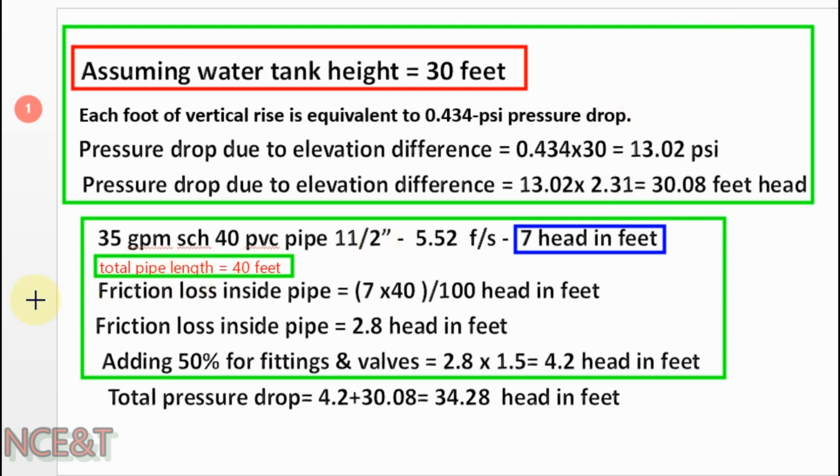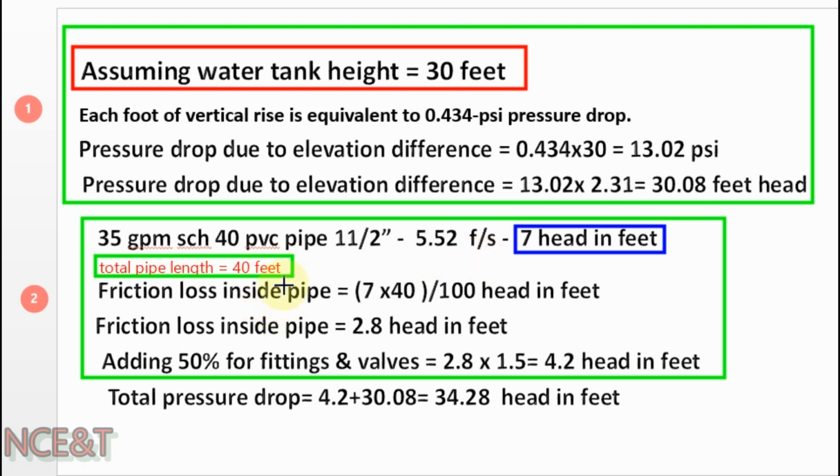Let us now calculate the second pressure drop, which is due to the friction loss inside the pipe when the water is flowing. Let us assume our total pipe length is equal to 40 feet, and as we already selected from the hydraulic table, our PVC pipe is 1½ inch for 35 GPM with a velocity of 5.52 feet per second with a head loss of 7 feet per 100 feet.